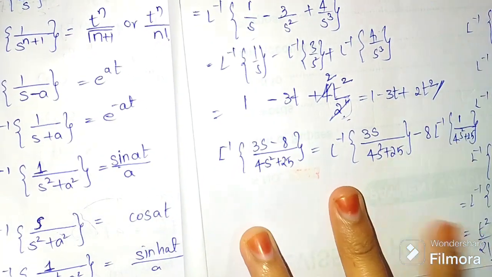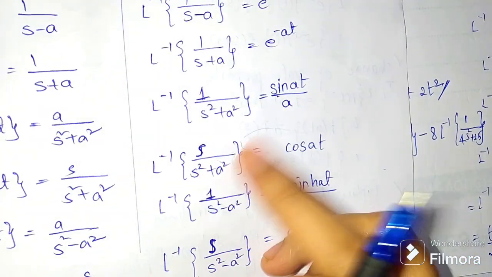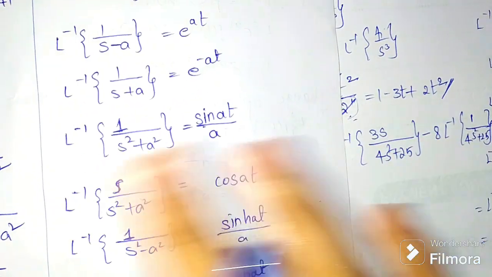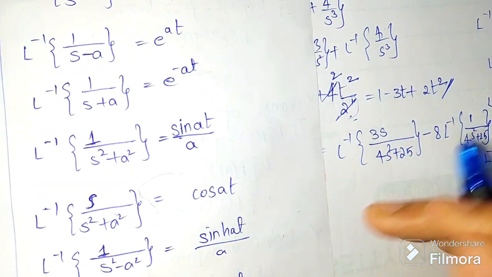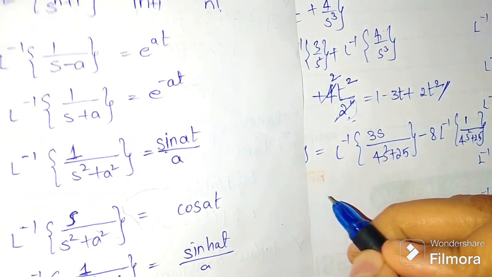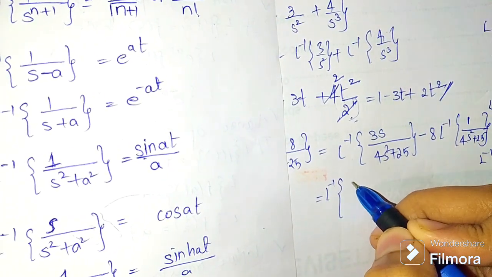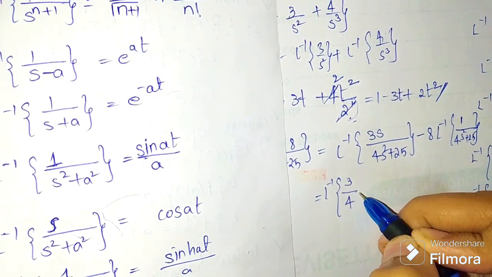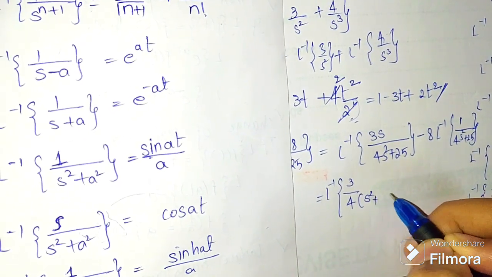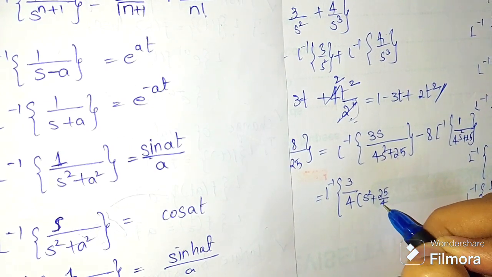Now, can you see anything? In my formulas, I have s square plus a square. So I have to create it in that same form, and I don't want any coefficient on s square. So I will take that common. I will write Laplace inverse of 3, 4 I am taking common, and I am making it s square plus 5 square, 25 by 4.